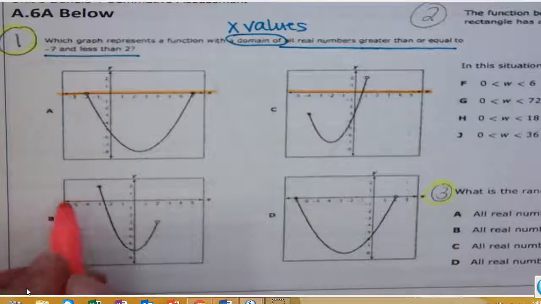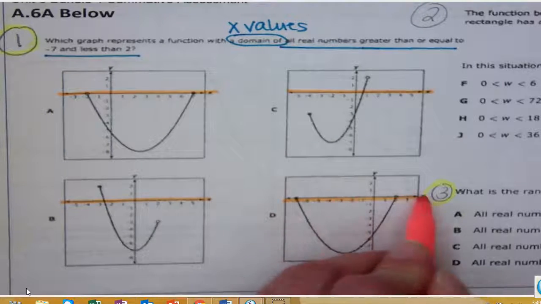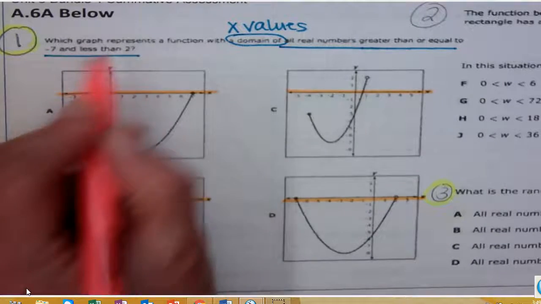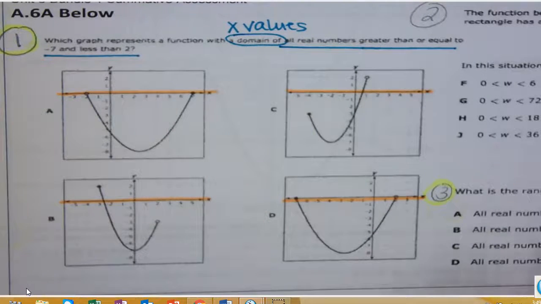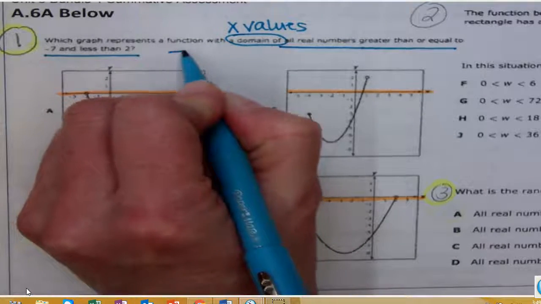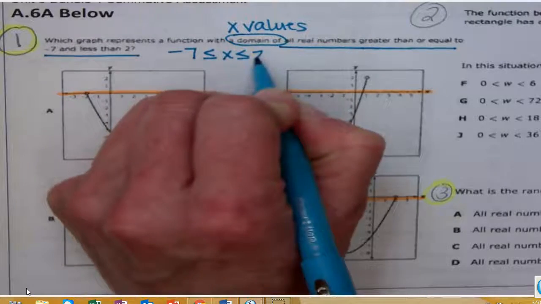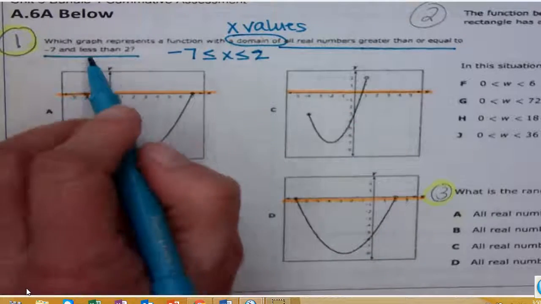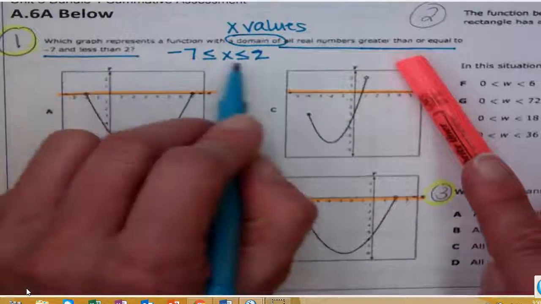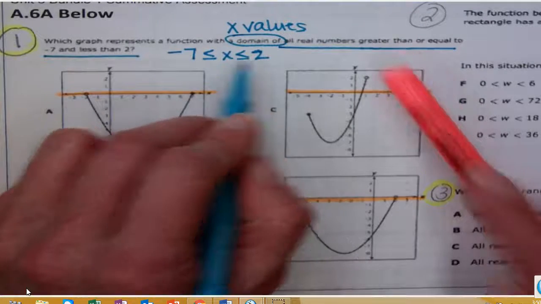Which of these graphs cover the domain of -7 to 2? Basically it's saying -7, x, and 2. It's greater than or equal to -7 and less than 2.